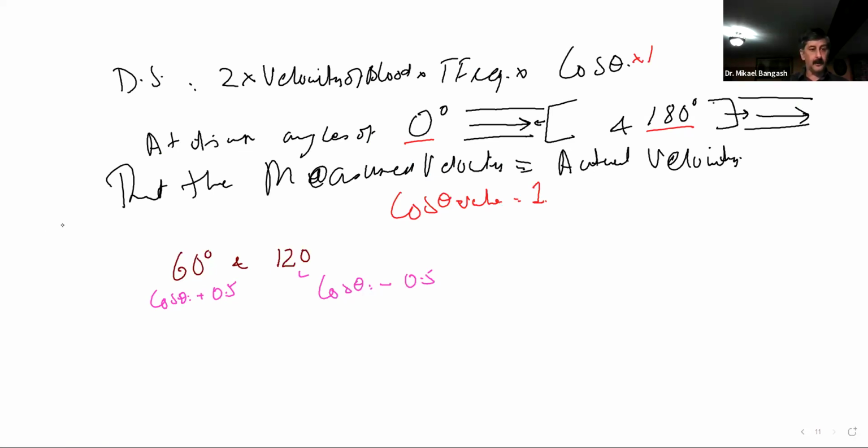Now the only difference between the 60 and 120 was that 60 degrees was going to give you a positive Doppler shift, and 120 degrees was going to give you a negative Doppler shift. But the velocity that we will be measuring was going to be half the actual velocity.